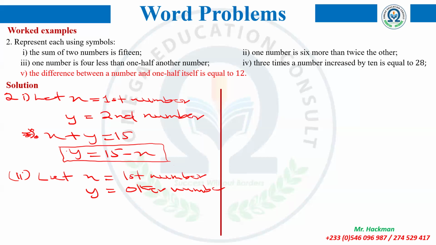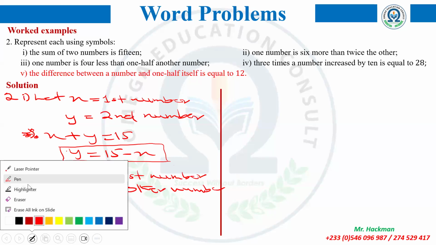So, what will y be equal to if y is the other number? That is the second number, if I need to put it that way. Okay, so let me use first and second for you to relate better. Prof. Giovanni, let me use first and second. So I'm going to clear that and represent that by your second number.